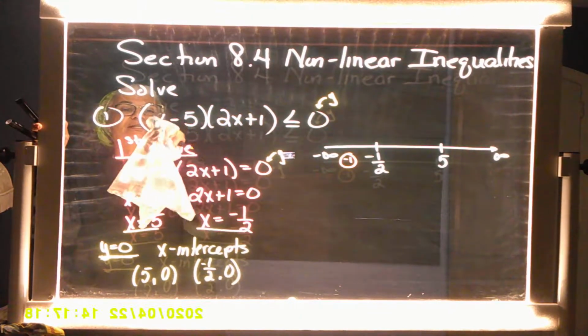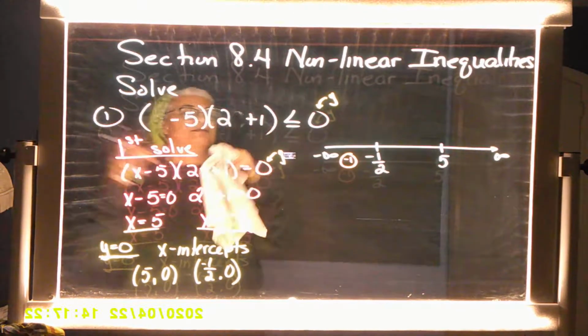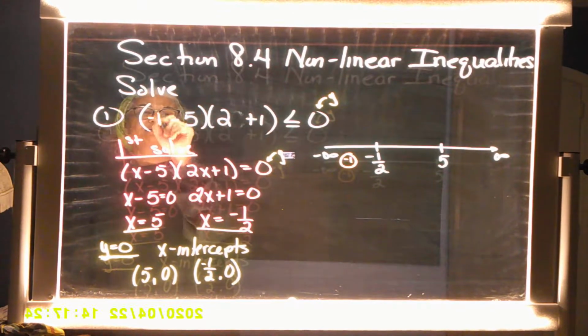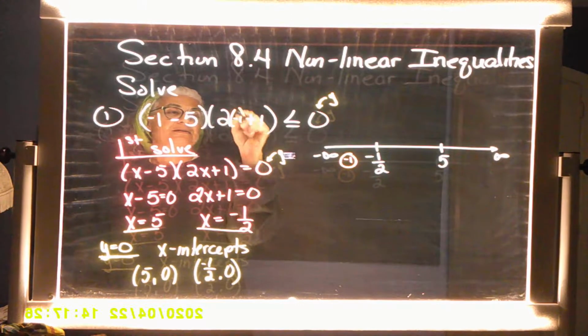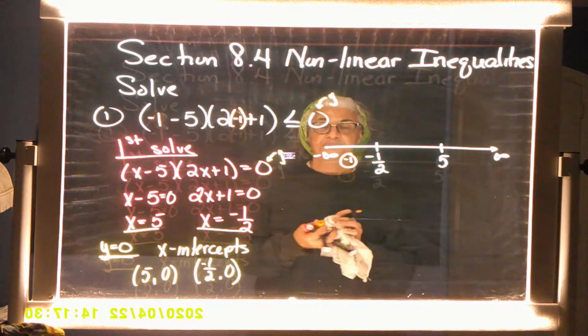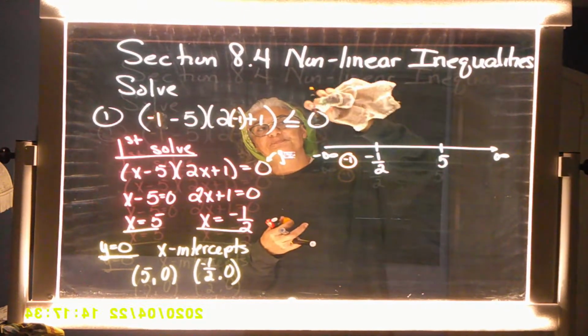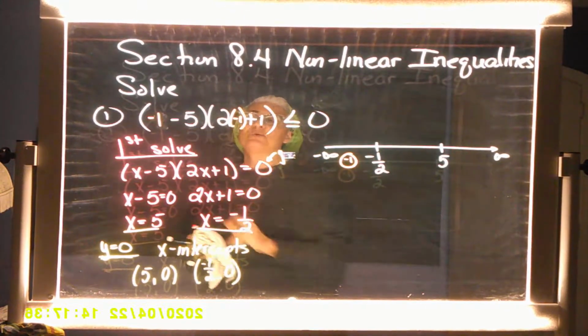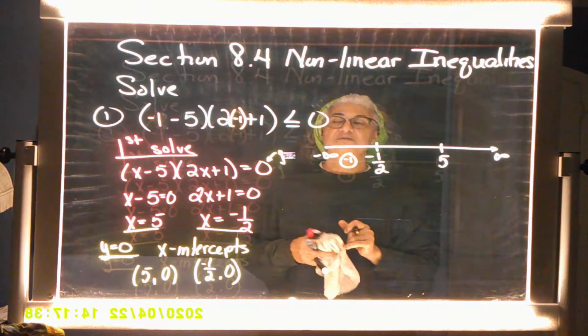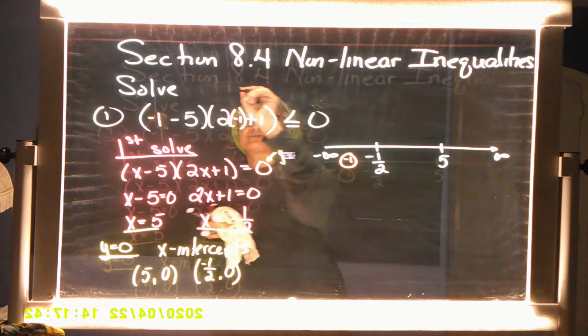the question is, will it make this left side less than or equal to 0? So check it out. Will it? Negative 1 minus 5. Good, that would be negative 6. And I am just going to write it up here.